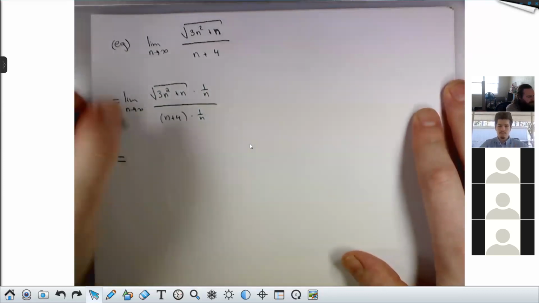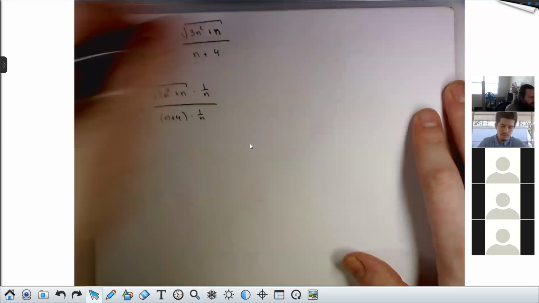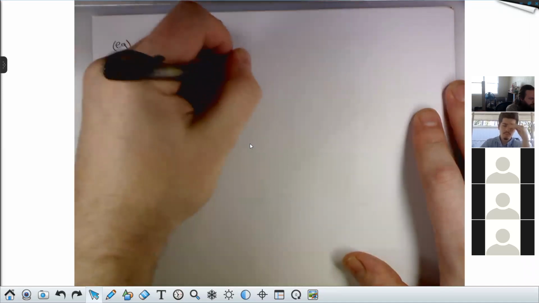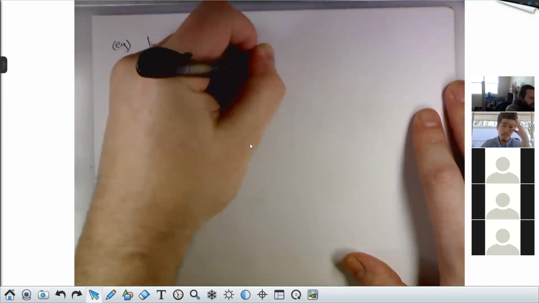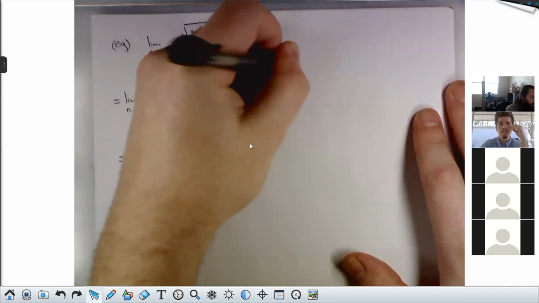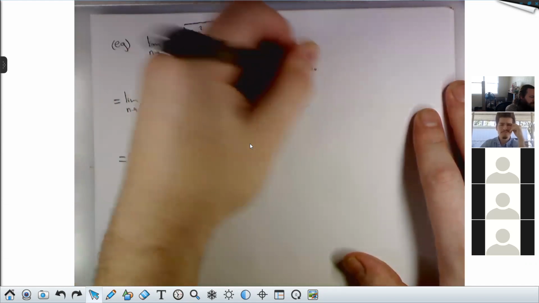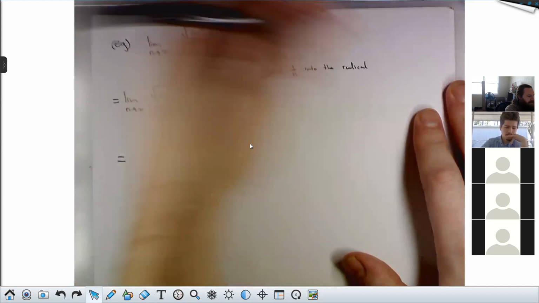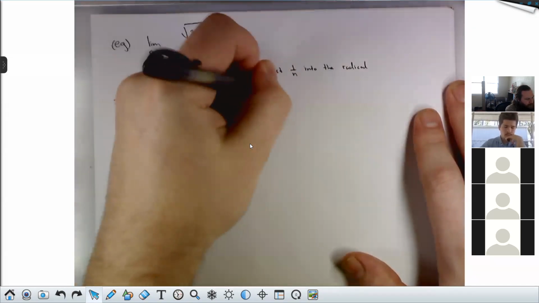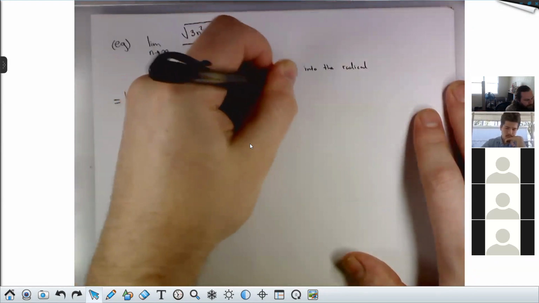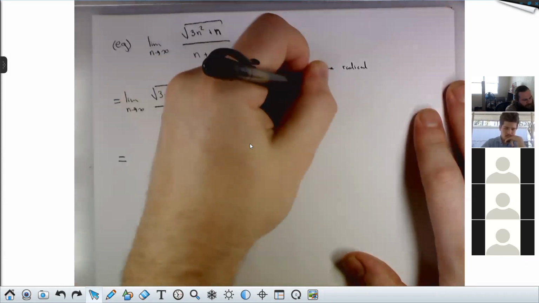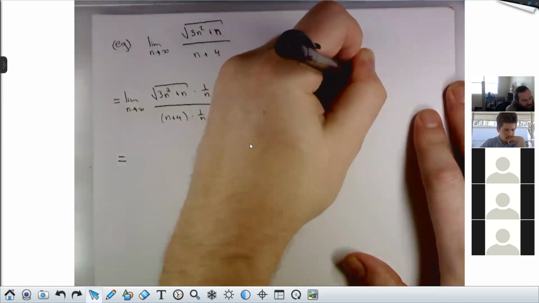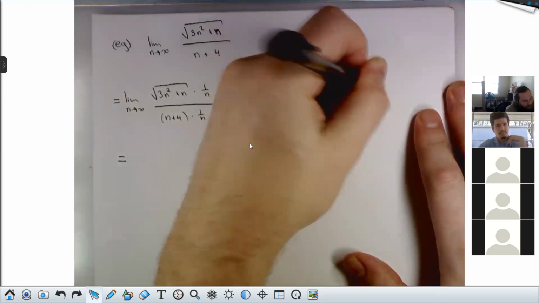The necessary trick here is that I need to get this piece into the square root. So to do that, we rewrite it as, instead of 1 over n, I could say that's the square root of 1 over n squared.